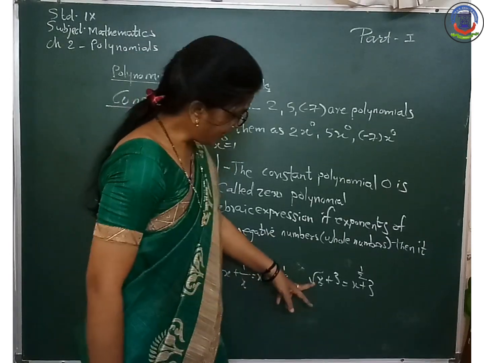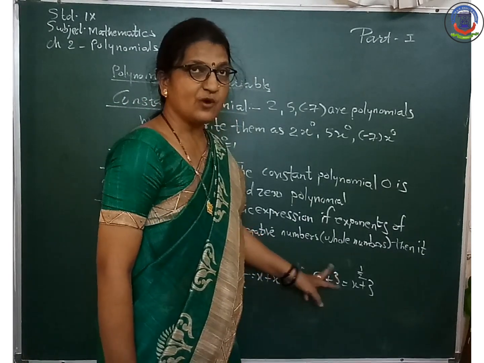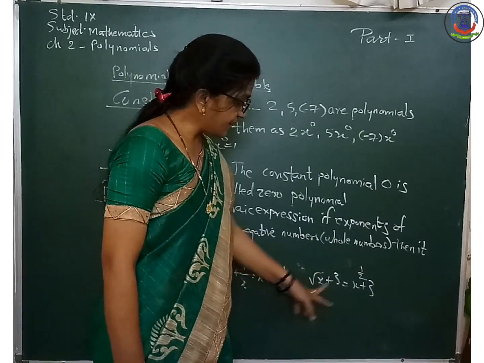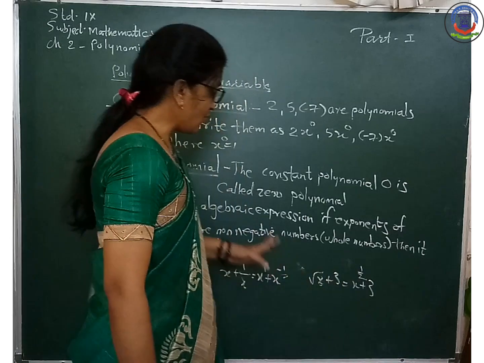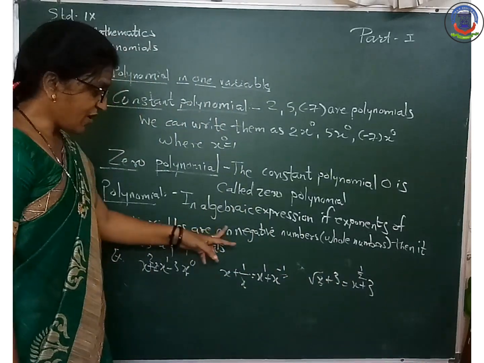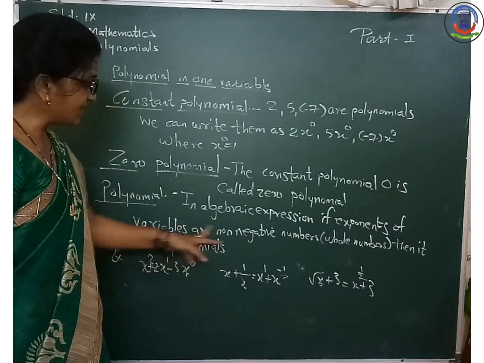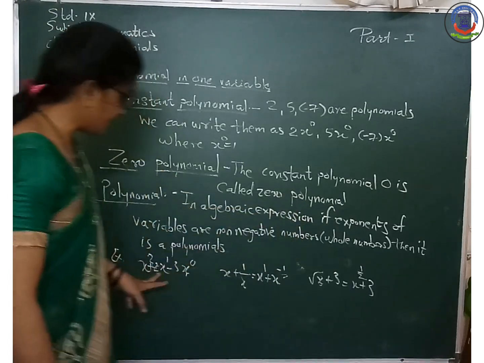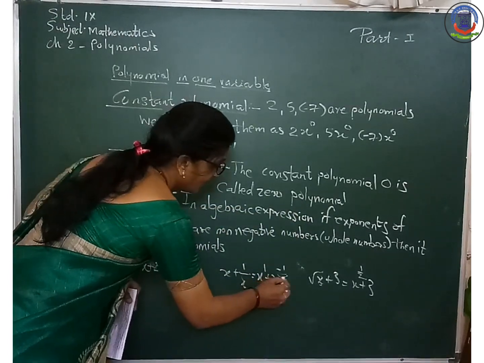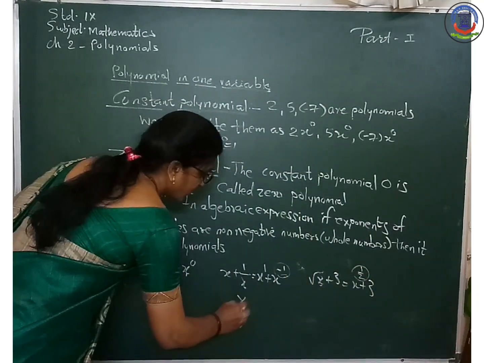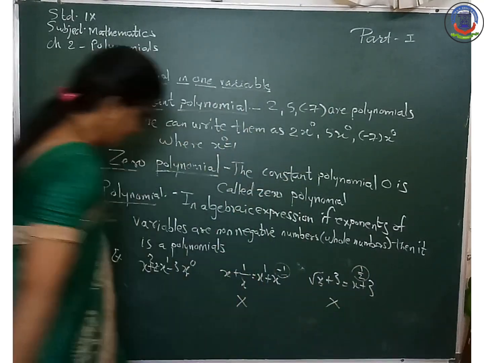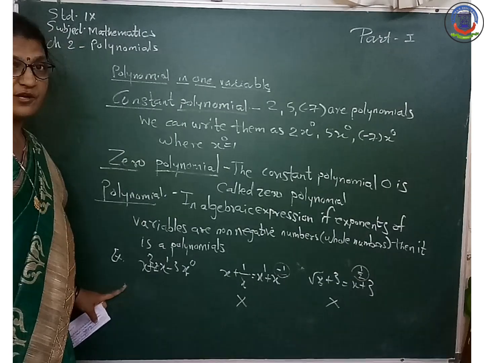Now take root x plus 3. Root x can be written as x raised to half plus 3. The powers must be whole numbers. Minus 1 and half are not whole numbers, so these two are not polynomials, while the first one is a polynomial.